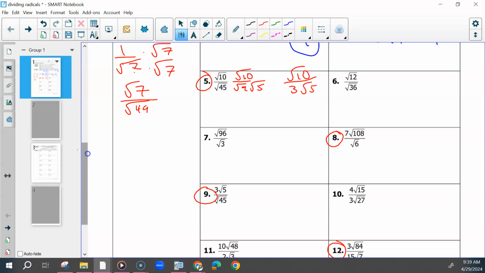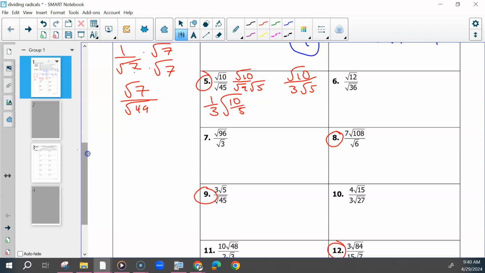Again, you have a choice. You could combine the 10 and 5 to make one big fraction, or we could rationalize the denominator. Combine the 10 and 5. Okay. But if we do that, we have to remember that this is still a fraction. And I'm going to write that as 10 over 5.